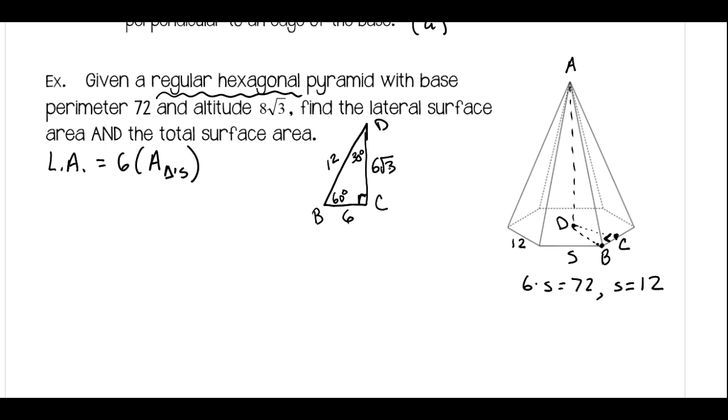And then I'm going to draw in a slant height here. I'm going to draw that in a different color so you can see it a little better. So I'm going to draw in this slant height right there, AC. So segment AC is a slant height.